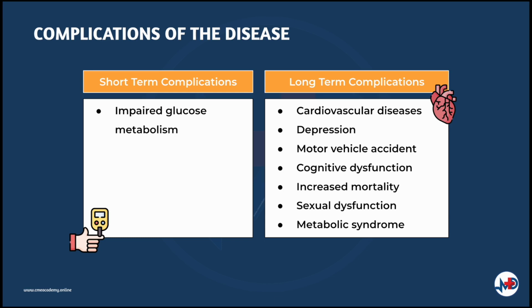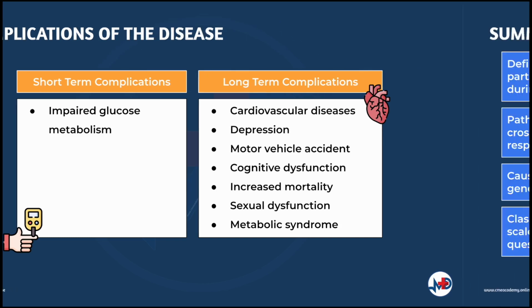Cognitive function is also impaired, and patients often have low arousal, executive attention and alertness. Besides that, patients may develop sexual dysfunction and metabolic syndrome. Ultimately, there is increased mortality predominantly due to cardiovascular diseases.